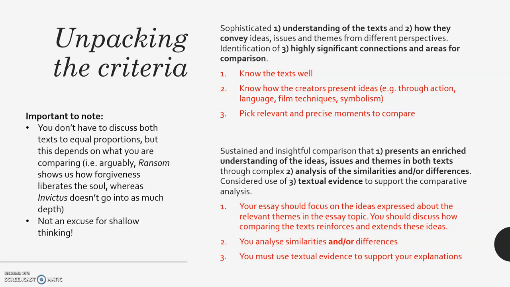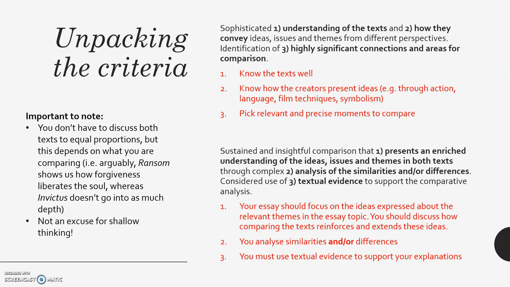One thing to note is that you don't actually have to discuss both texts to equal proportions, but this depends on what you're comparing. So you don't need to go 50-50 in your essay or in your body paragraphs. For example, arguably, one could say that Ransom shows us how forgiveness liberates the soul, whereas in Invictus, Mandela states it, and it's kind of implied throughout the film, but it's not explored so much on an individual level.